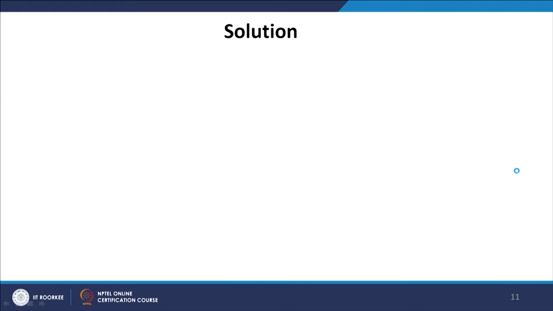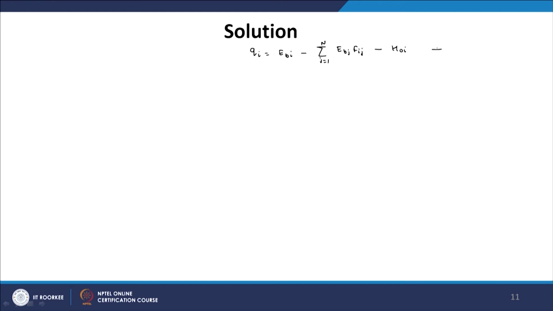So, let us solve this problem. This problem is again a very simple problem. So, we will use this expression Qi is equal to Ebi minus summation j is equal to 1 to n Ebj Fij minus H naught i.